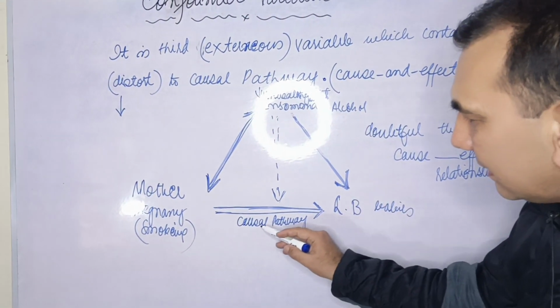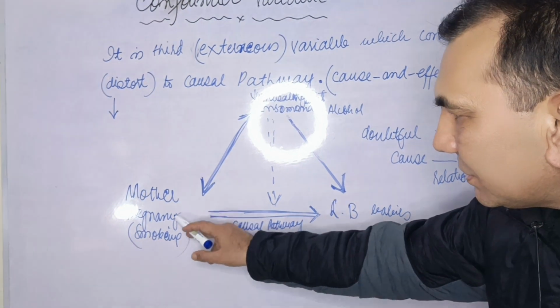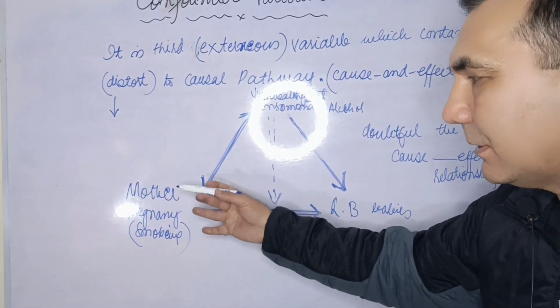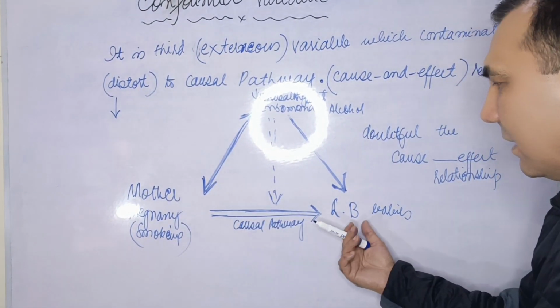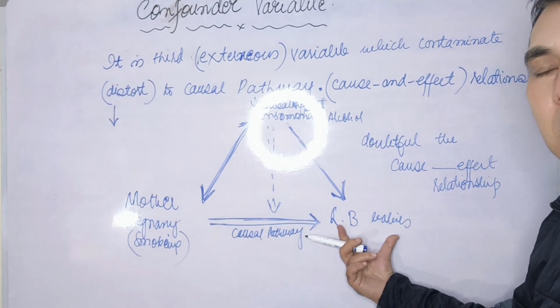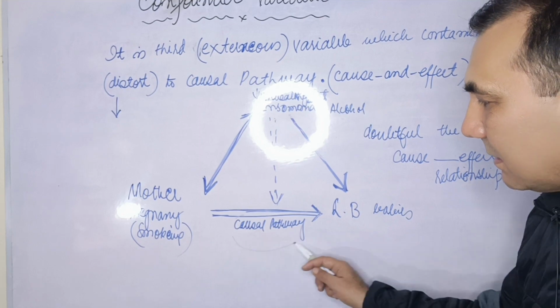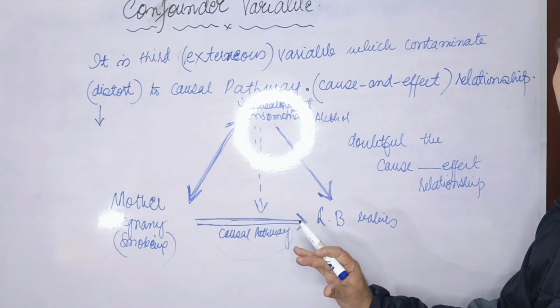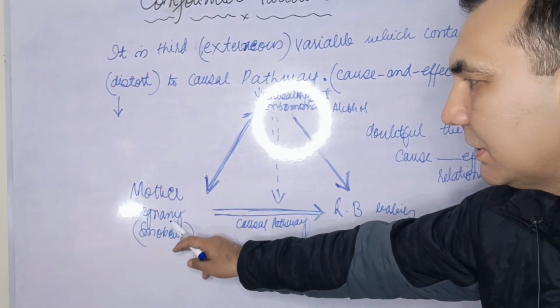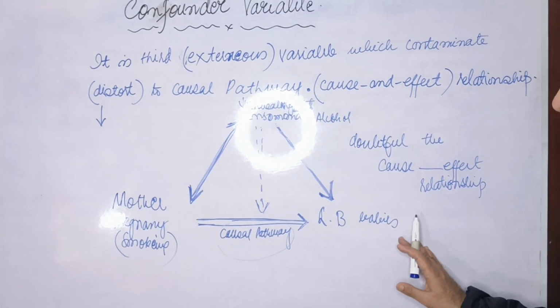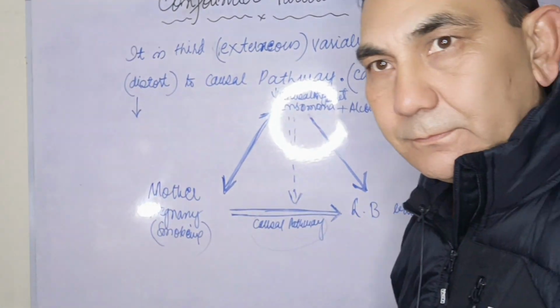It makes the causal relationship of the mothers who are smokers during pregnancy and being more prone to have low birth weight babies spurious. So this causal pathway makes a spurious association between the mothers who smoke during pregnancy and the low birth weight babies born.